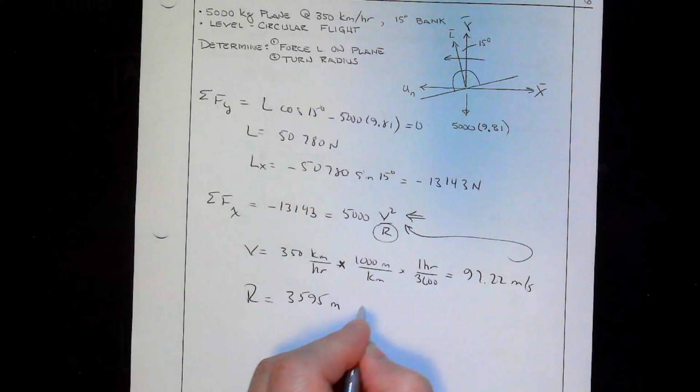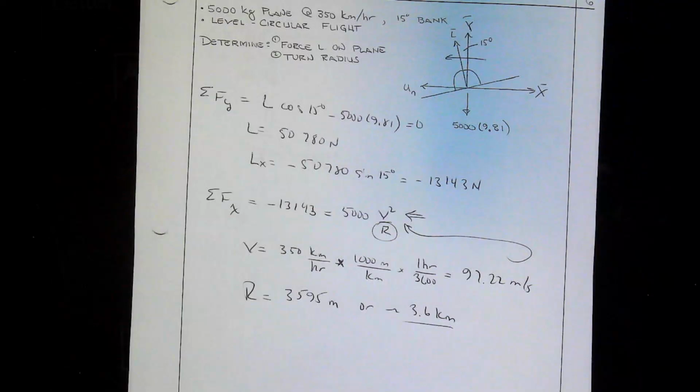All right, so let's evaluate this. It says, what's the lift on the plane? Well, we can evaluate that fairly easily. Sum of the forces in the y. It is in level flight, so there is no acceleration vertically in the y.